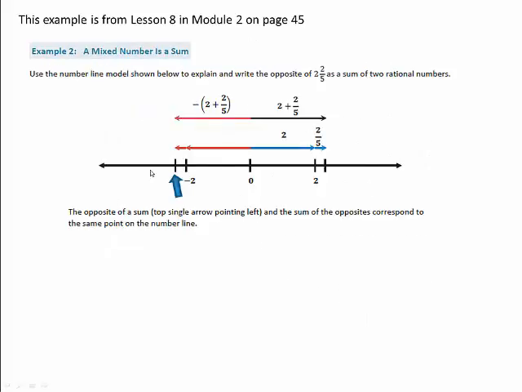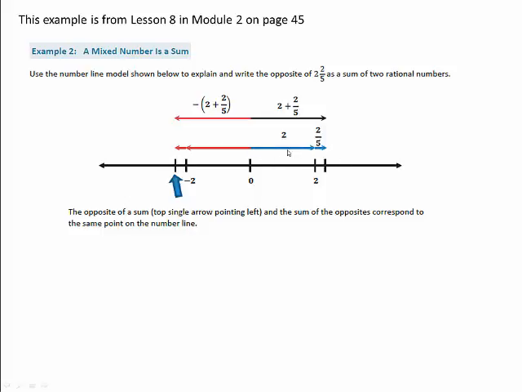The other idea that we're talking about is how we can take a mixed number, like 2 2/5, and break it into the sum of two rational numbers, 2 plus 2/5. If we look at this on a number line, the positive version of 2 2/5 can be broken into 2, so we have a line going 2, and then 2/5, so we have a line going 2/5.